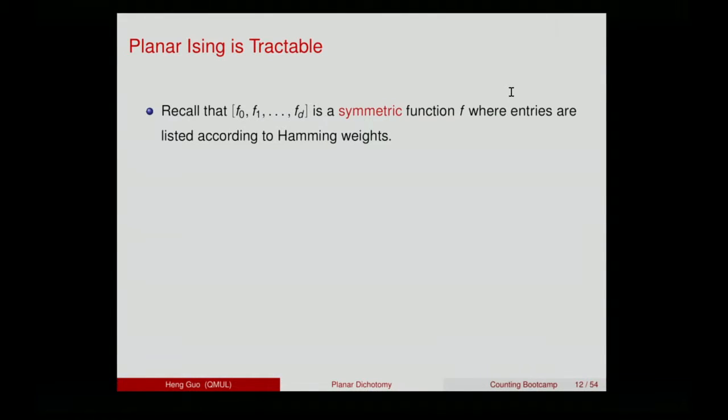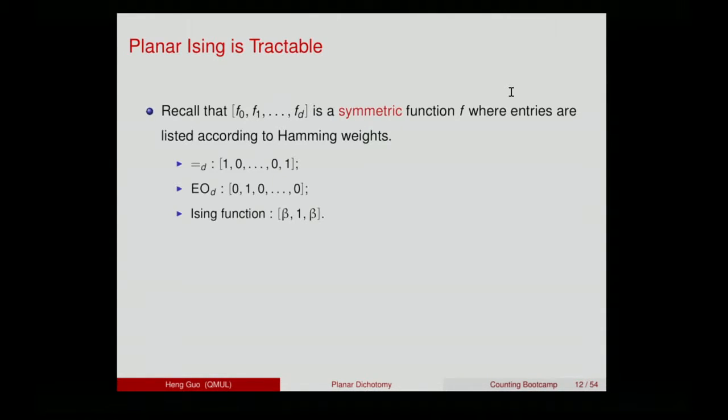To show that, we first recall some notation. This bracket notation is for symmetric functions. We just list its entries by Hamming weight, so f_i is the function value when the input has Hamming weight i. Using this notation, we write equality as [1, 0, 0, 0, 1].